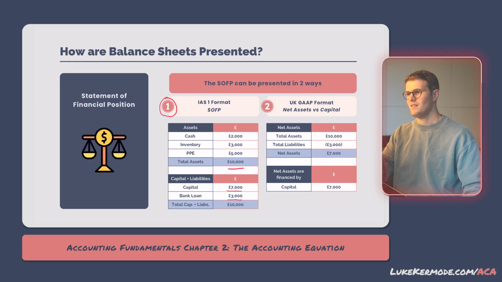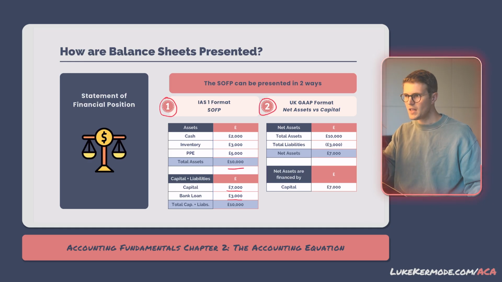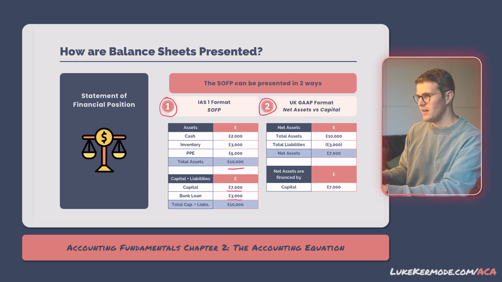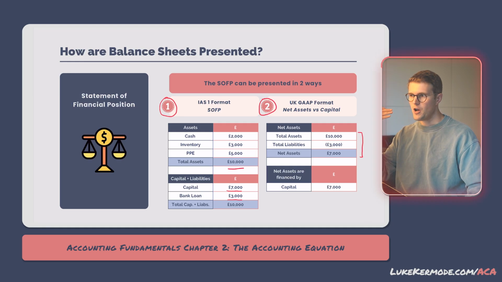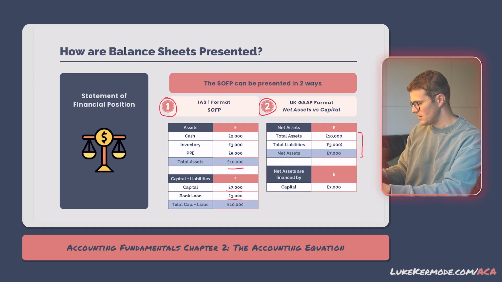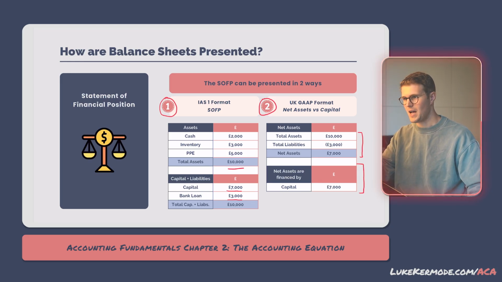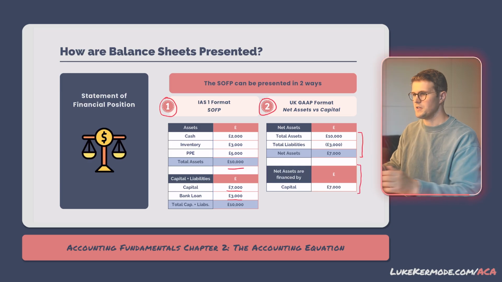The second format is used under UK GAAP. It splits the information into two halves. First, we calculate net assets by subtracting liabilities from assets. Then we show that these net assets are financed using £7,000 worth of owner's capital.